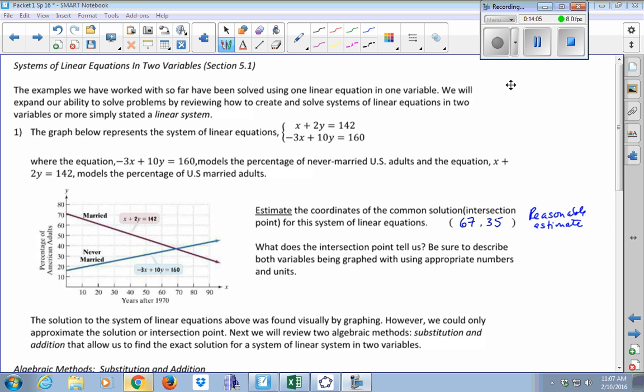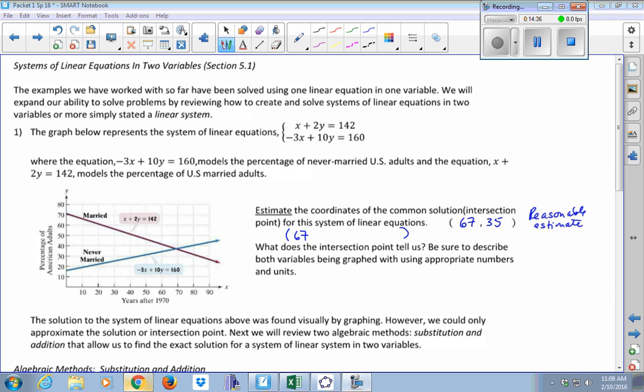All right, so you've had a little practice with this with your project that you handed in today, discussing what the coordinates represent in terms of the context. So I'm reminding you here, what does the intersection point tell us? Be sure to describe both variables, x and y, and use the appropriate numbers and the units. One way you can help yourself is when you rewrite the coordinates, you can put the units right after the number.